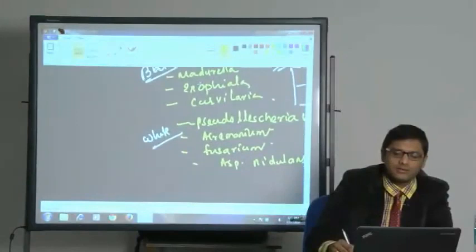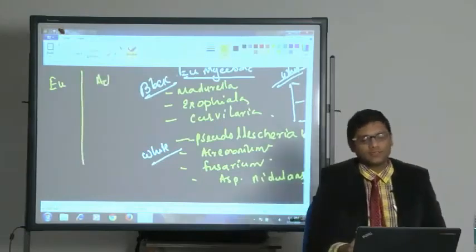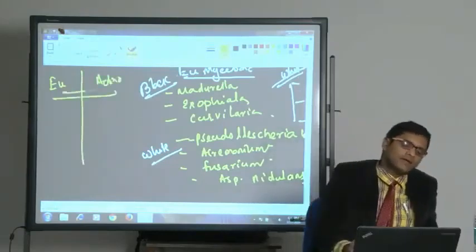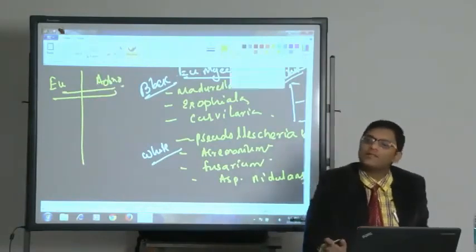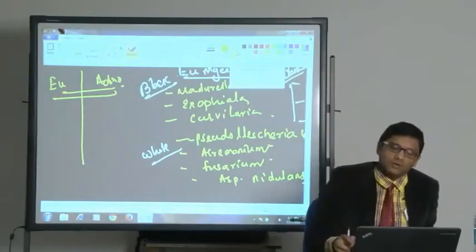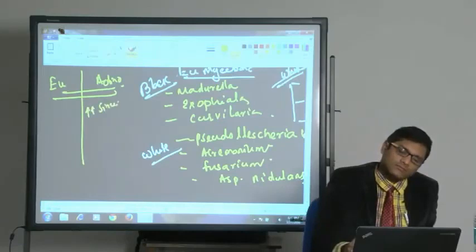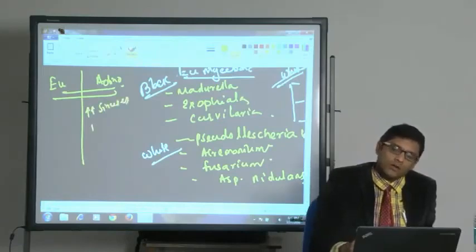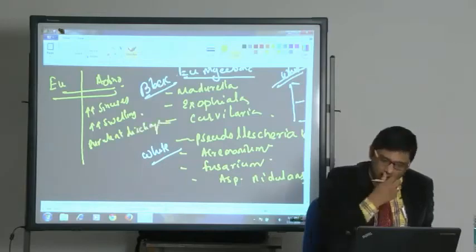Clinically, between eumycetoma and actinomycetoma, in general the bacterial agents are more virulent than the fungal agents. So in actinomycetoma, there are more sinuses, more swelling, purulent discharge, all this will be there.